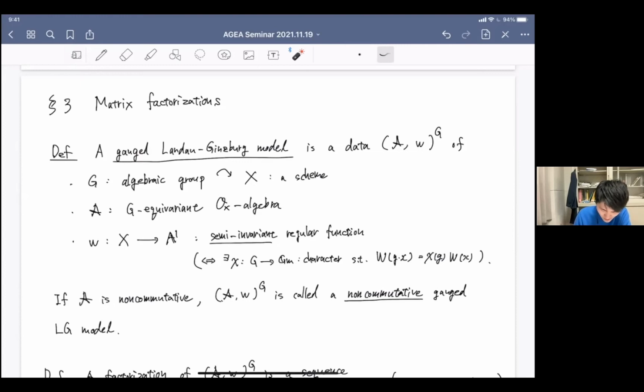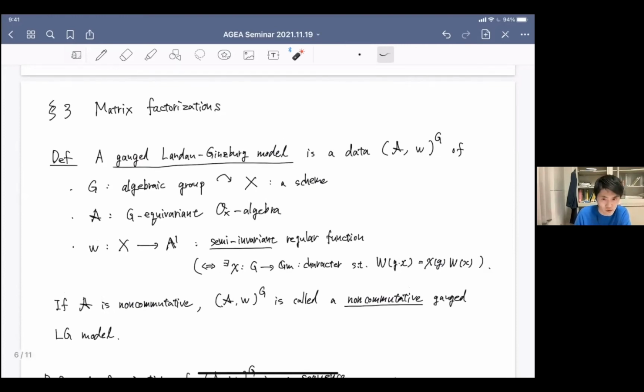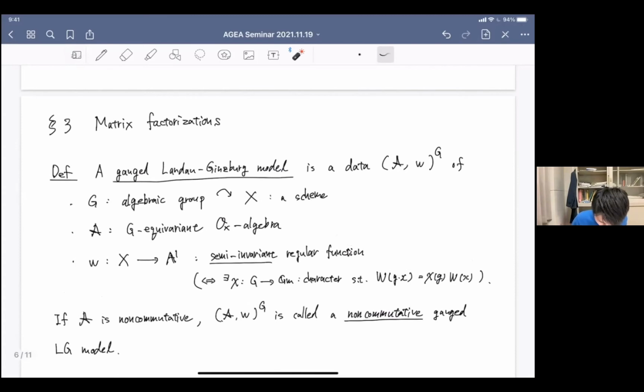And A is a G-equivariant OX-module, an OX-algebra. And W is a semi-invariant regular function on X. And here, semi-invariant means that there exists a character of G, chi, such that W of gx is equal to chi of g times W of x.